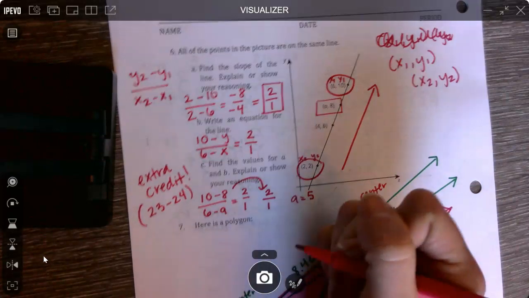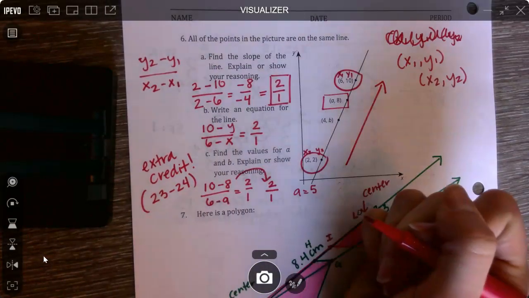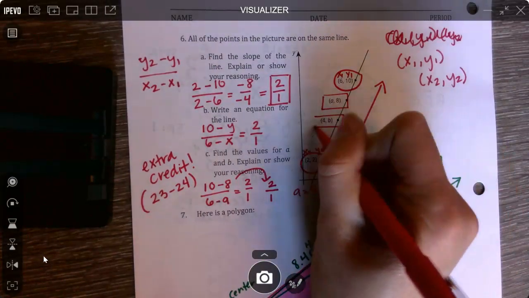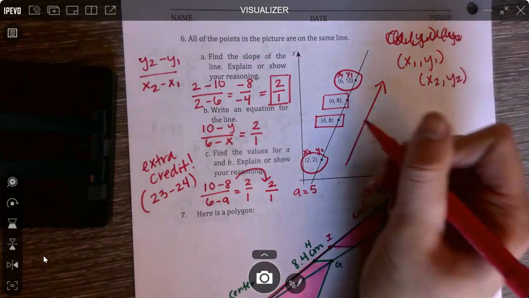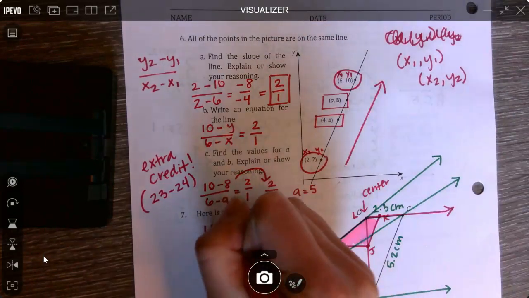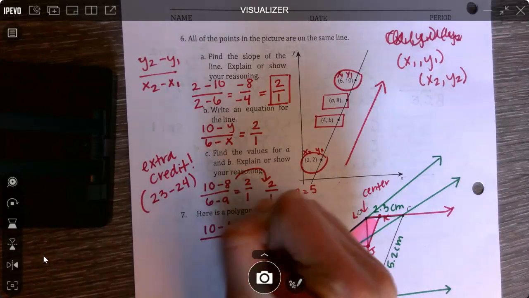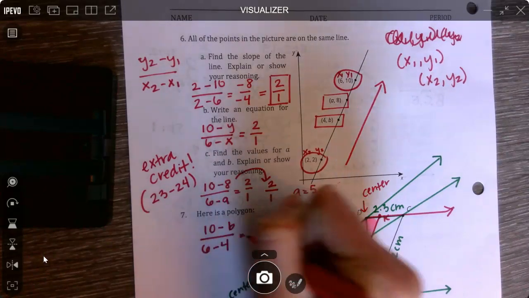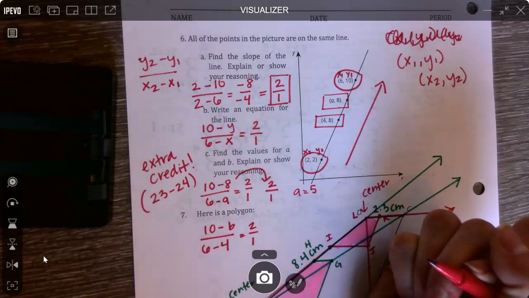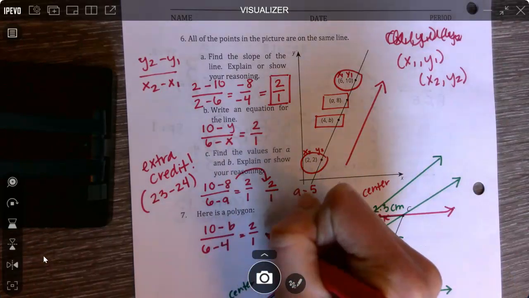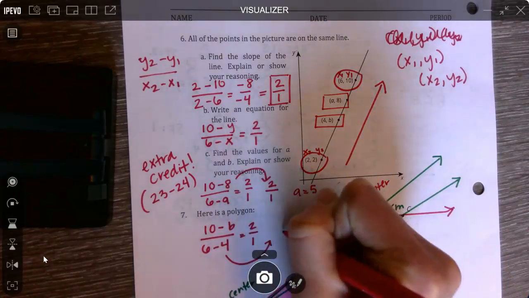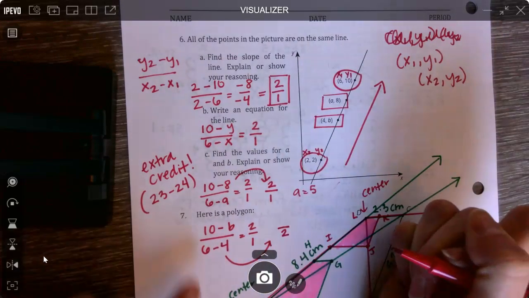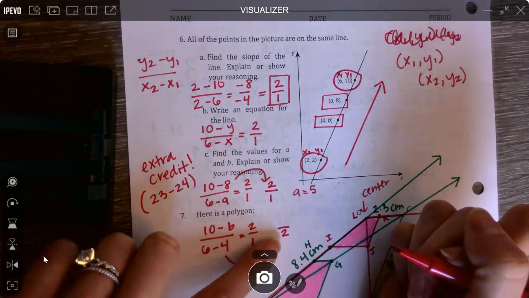Then, I'm going to kind of go into the other problem right here. Okay, if I try the other way and I'm like, okay, well, now I know my x value. I don't know my y value. Well, I can do 10 minus b over 6 minus 4 has to be equal to 2 over 1. Okay, well, 6 minus 4 is going to be 2 on the bottom. 10 minus something has to make 2, but we have to make it true.